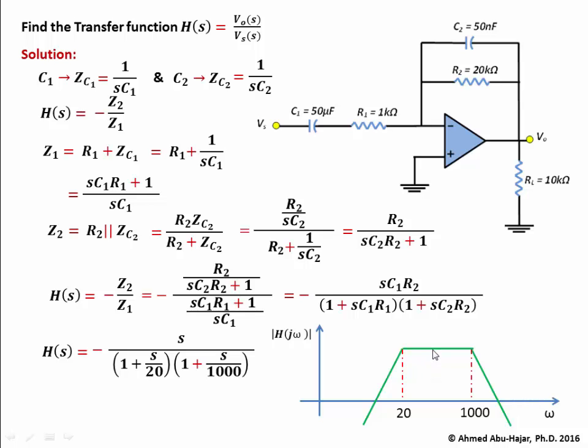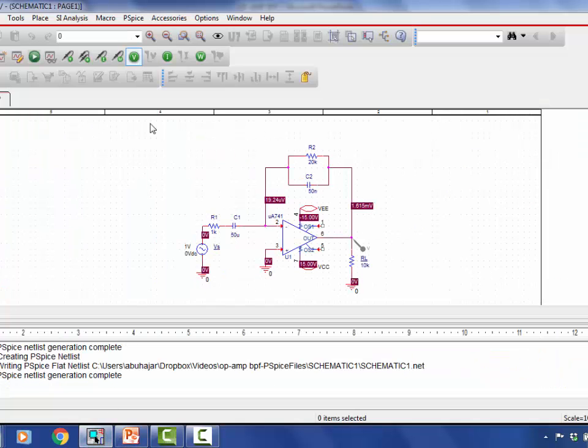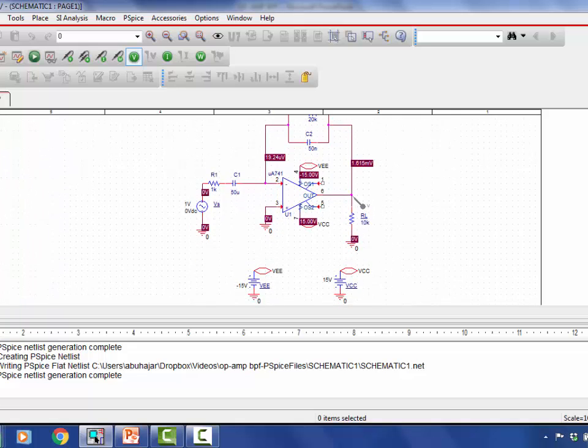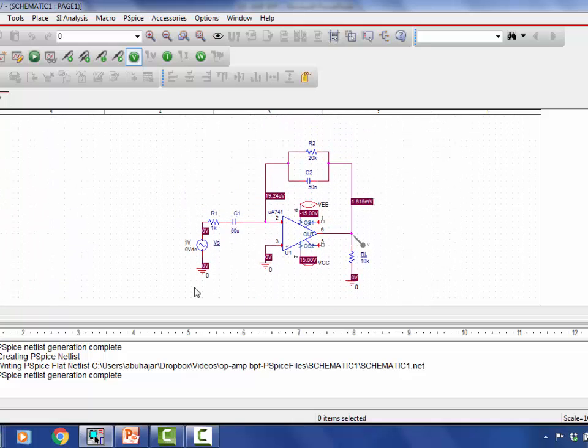What we are going to do next is show you a computer simulation using OrCAD PSpice software. We have the circuit built in already. If we look into the schematics in OrCAD, we can see that we have the op-amp circuit, and this op-amp circuit has the 1 kilo ohm resistance connected to the 50 microfarad capacitor, which are connected to the input voltage source, that is an AC voltage source.